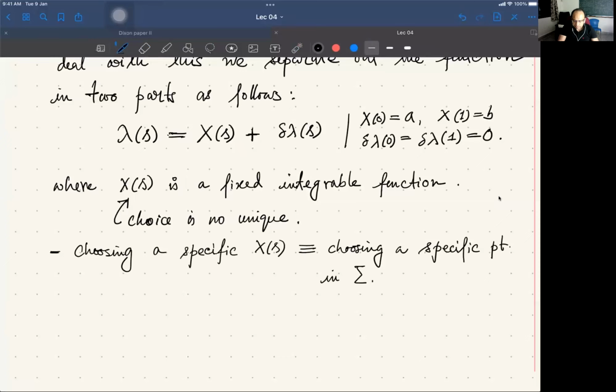And consequently delta lambda of s represents variations around that point.